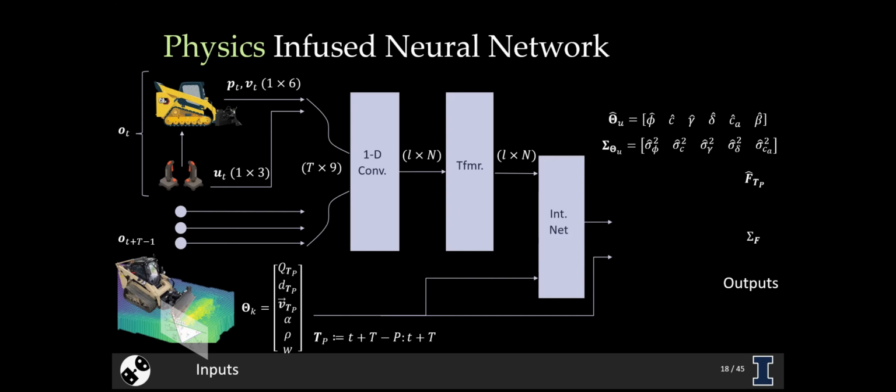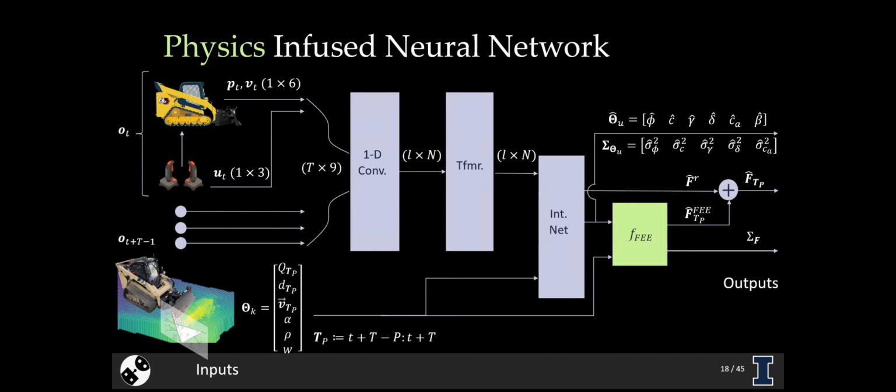Then this integration network is a fully connected component that combines the observational history with this theta k, the geometric information from the FE, in order to produce the soil property estimates. Now, the physics-infused part of this network is this block here, this FFE. This is that set of equations that I was showing you before. It's been embedded into the network itself so that the soil property estimates are fed to this system in order to produce this predicted force.